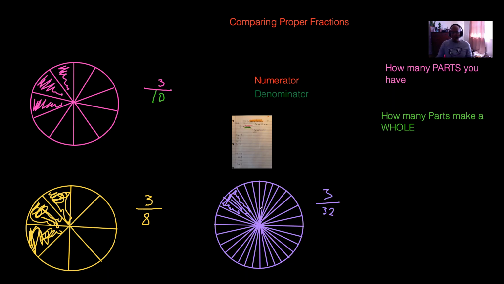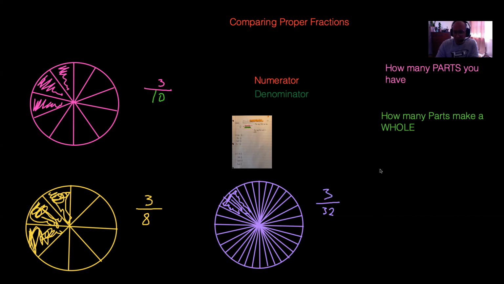These sections are all very different from one another, right? And that's precisely my point, that just because you get the same number of pieces, what really matters in this case is not the number of pieces that you get, but rather how many pieces the whole pizza was cut into.